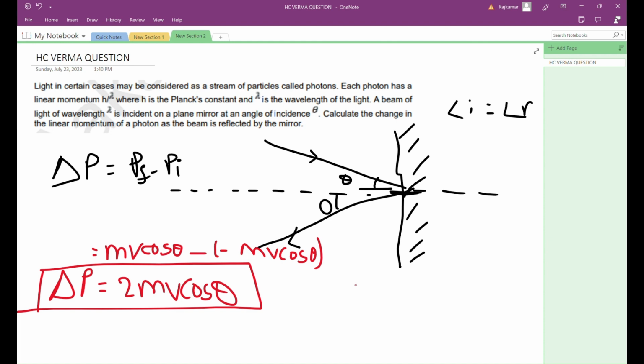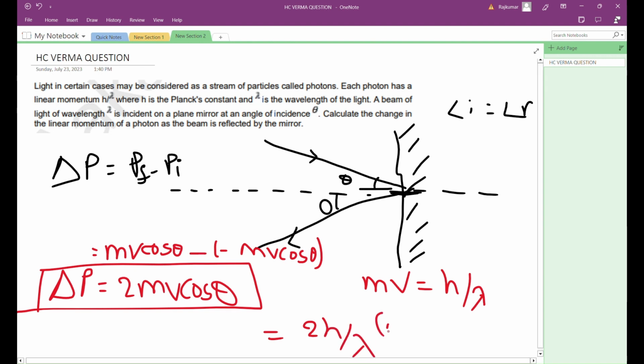So where the momentum mv is h by lambda, here 2h by lambda cos theta is our change in linear momentum delta p. Okay, so this is our final answer, friends.